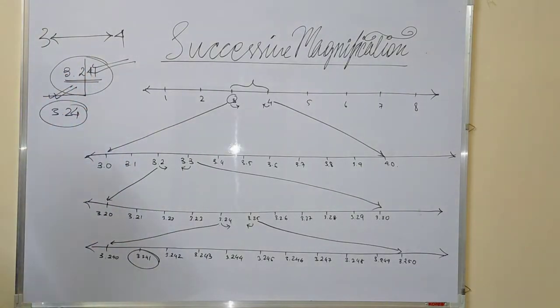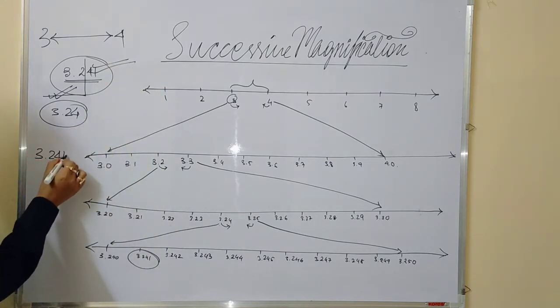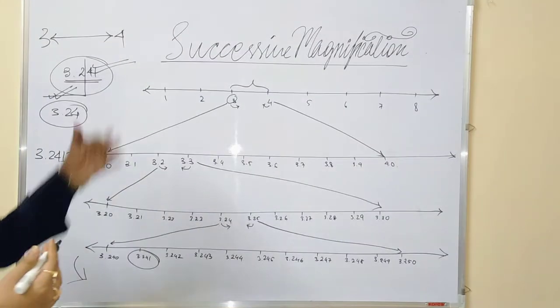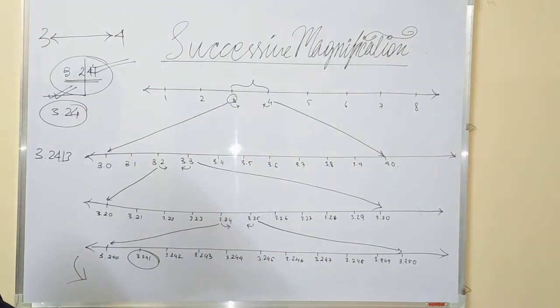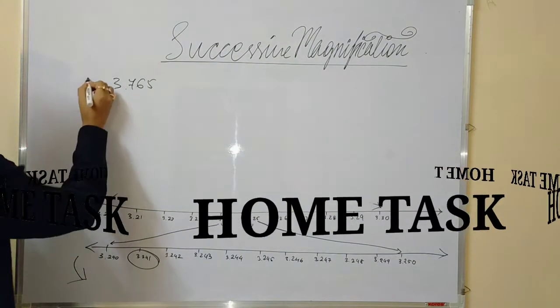Had the question had one more decimal, say for example 3.2413, that means one more step would have been added. So will you be able to do this sort of question if it comes? Question number 1: 3.765.